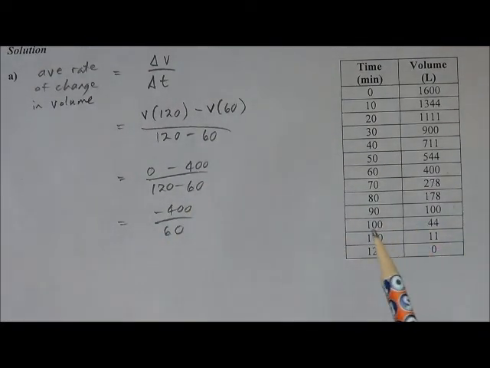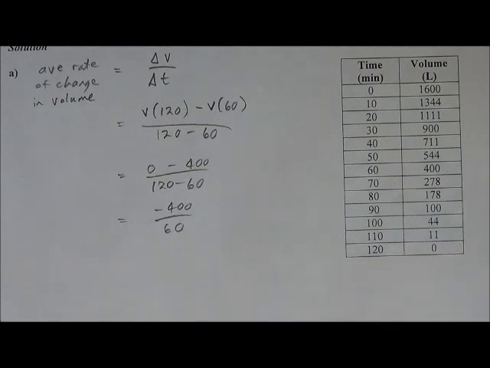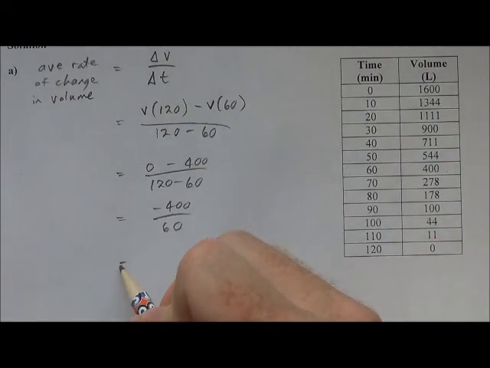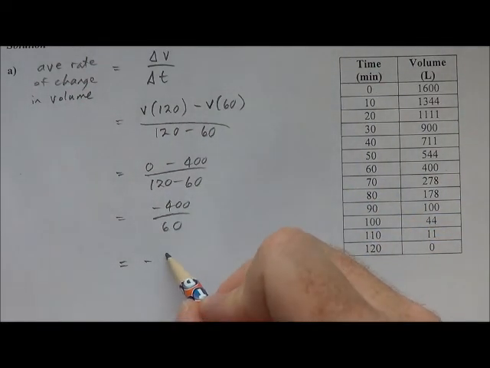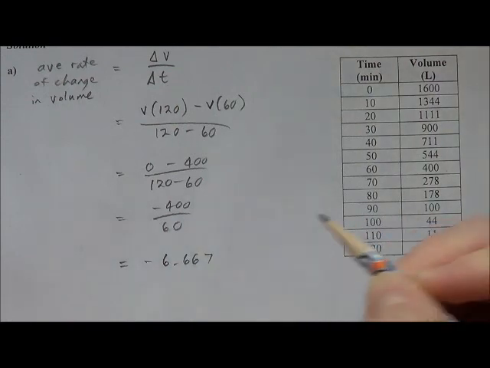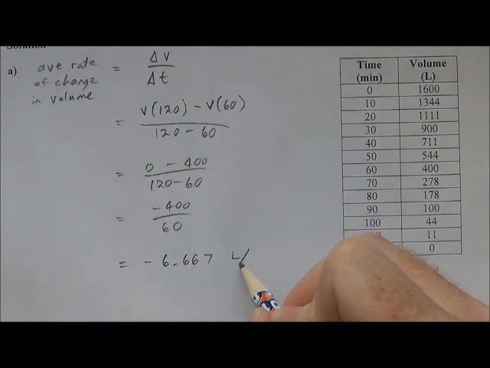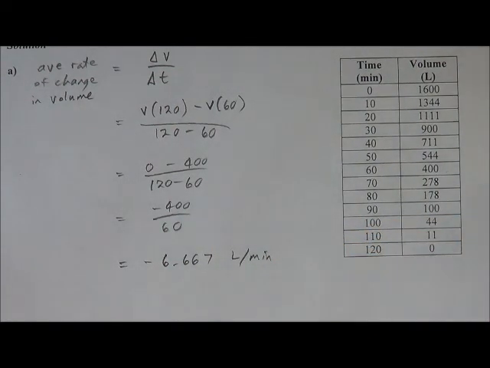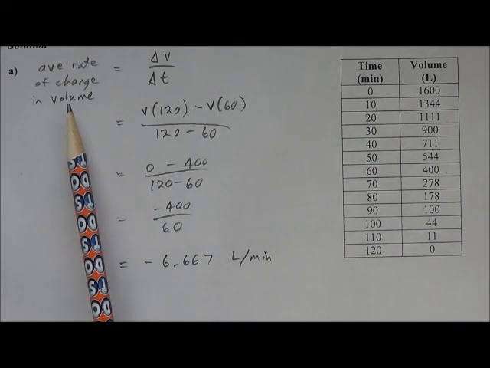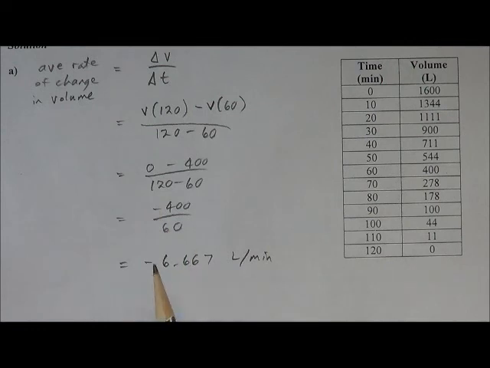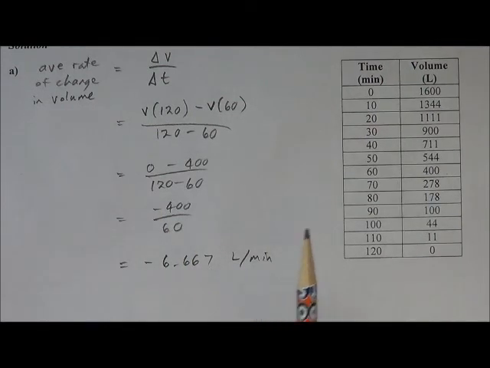However, in this case, negative 400 over 60 doesn't really give us a good sense of what is happening with the volume. So we can divide that to get a value of negative 6.667 liters per minute. So the average rate of change in volume is negative 6.667 liters per minute over that second hour.